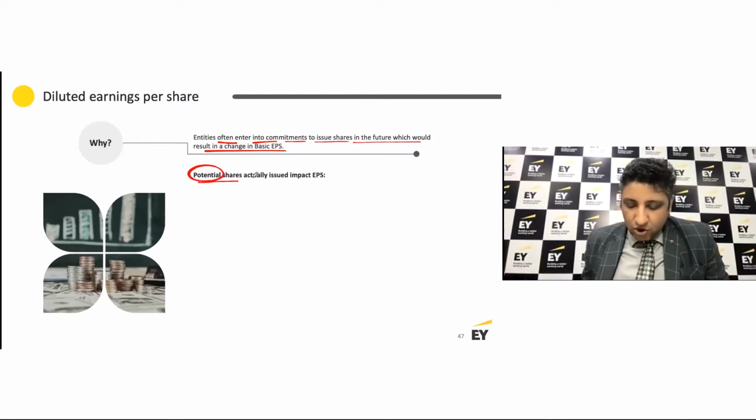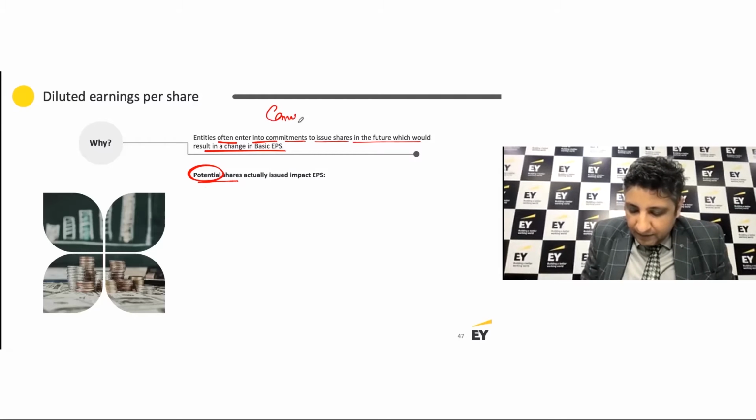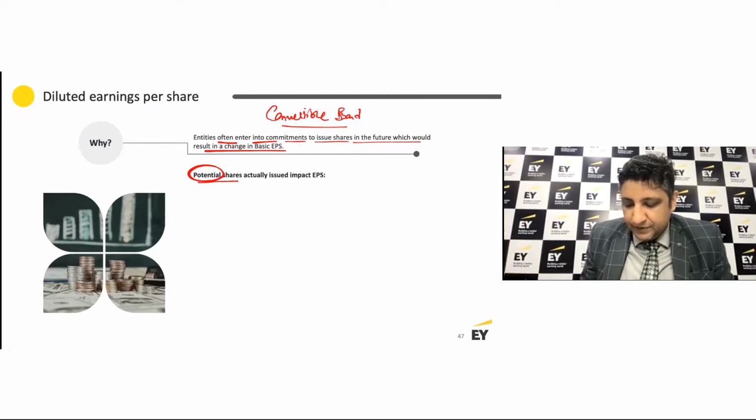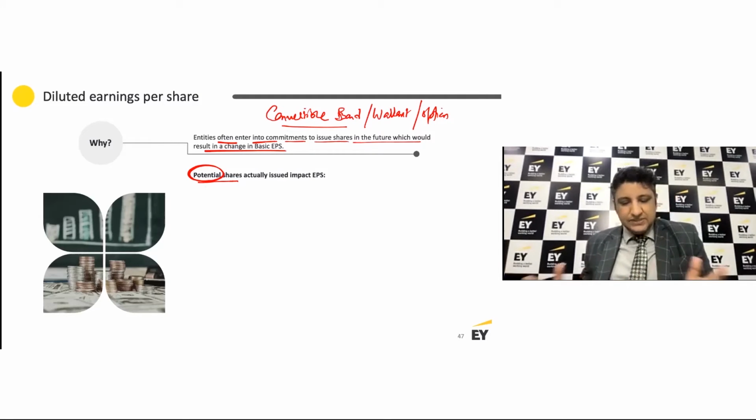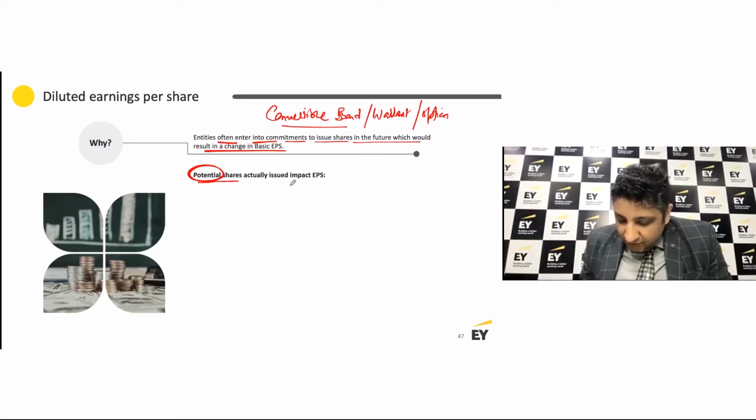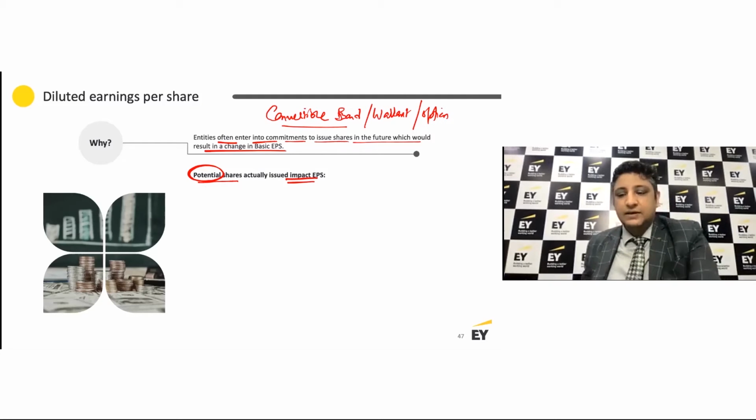A common example could be a convertible bond or a convertible debt. Or it could be, for example, a share warrant, or an option, right? So any such instruments which are not shares today, but may become a share in future, could impact the EPS of the future.